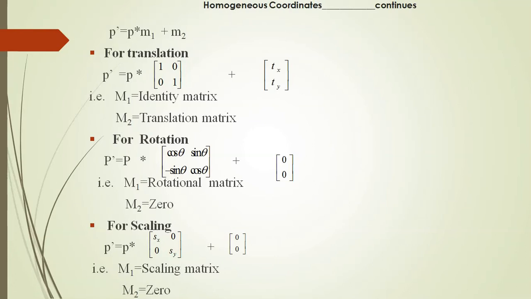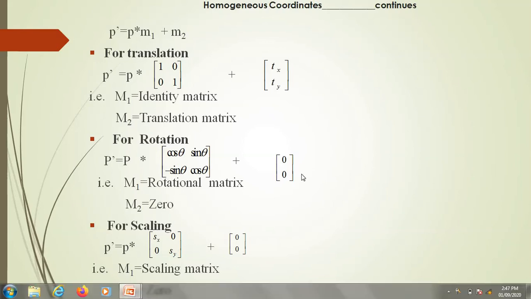Here, to convert translation into this matrix form, we use multiplication. If we multiply anything with 1, the value does not change. If you add anything with 0, the value doesn't change.